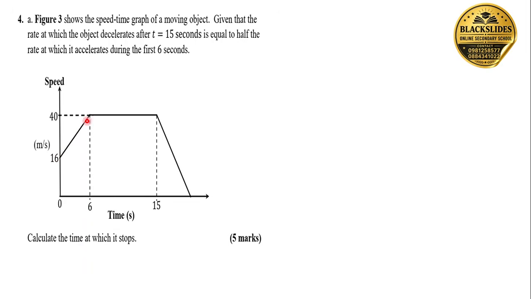Remember that acceleration or deceleration is just the gradient of the line. And also take note, just to simplify things, between the times 6 and 15, there's no acceleration or deceleration.